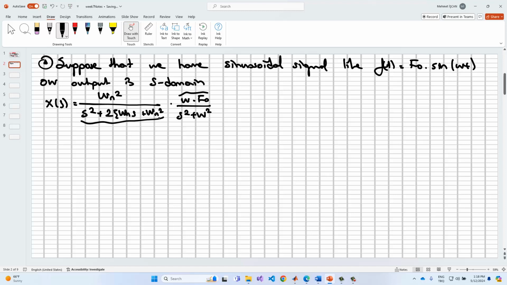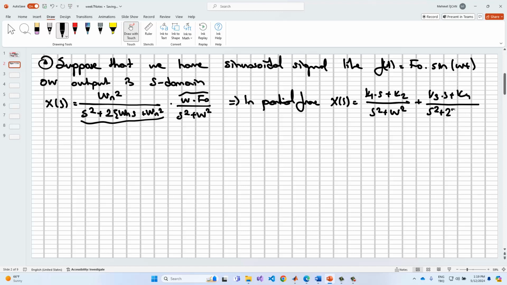This is our transient response here. In partial fraction form, we have X(s) equals (K1 s plus K2) divided by (s squared plus omega squared) plus (K3 s plus K4) divided by (s squared plus 2 zeta omega_n s plus omega_n squared).